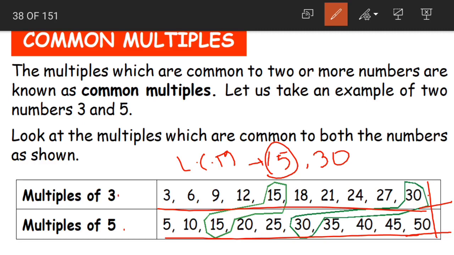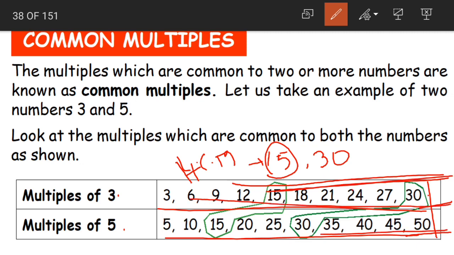If I ask you to write the highest common multiple, you need to know all the common multiples. Now again, to write the common multiples, you need to write all the multiples.